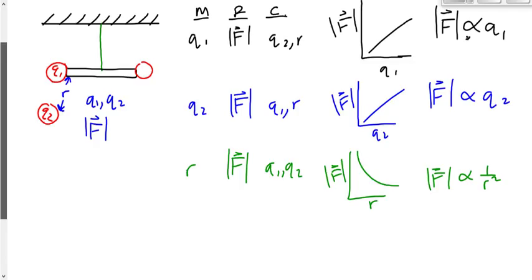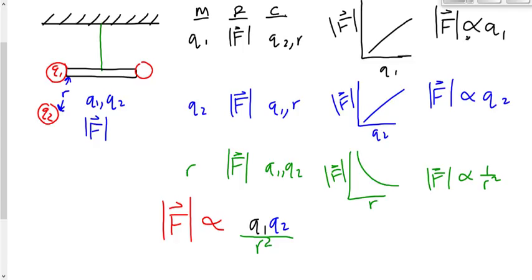So Coulomb puts it all together here now and says, well, F is proportional to, remember we said Q1? Well, and it's proportional to Q2, and it's proportional to the inverse of R squared.